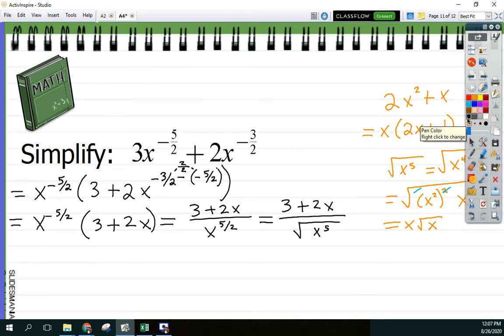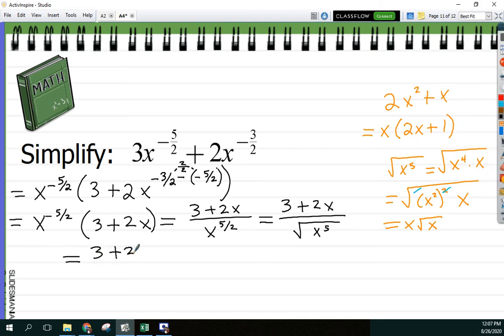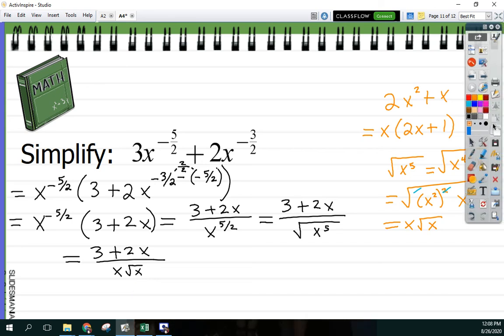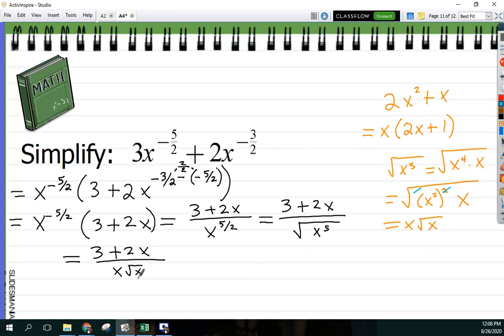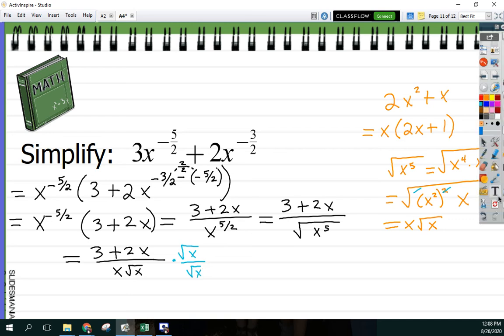So now replacing our denominator with that, I have x times the square root of x. And it might seem like, oh, we've done a ton of steps now, we must be finished. However, be careful, because if we remember from our radicals, we don't like having radicals in our denominator. So I have a square root there, so I do need to multiply the top and the bottom by a square root of x.